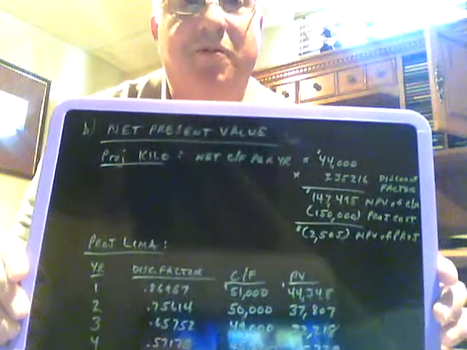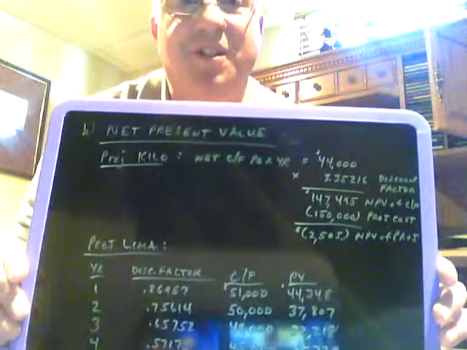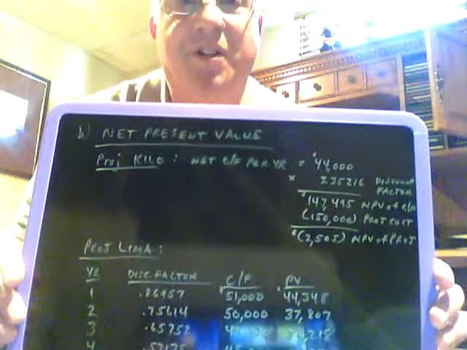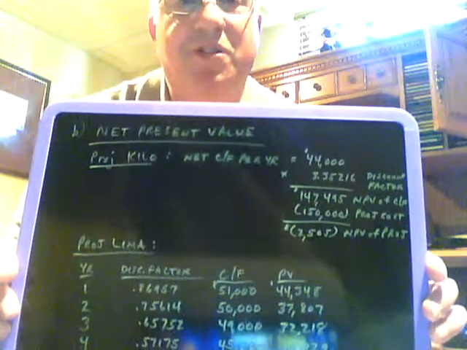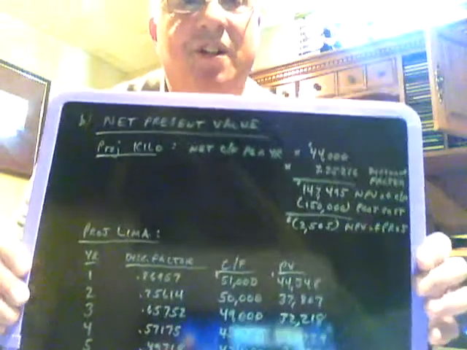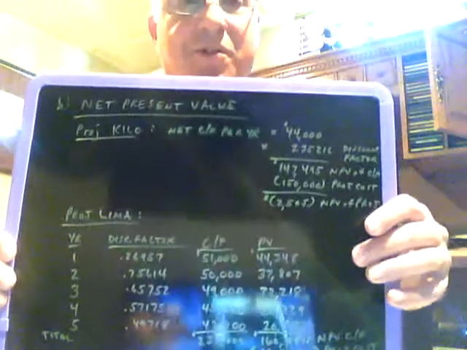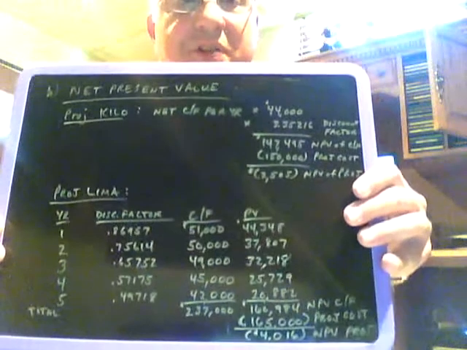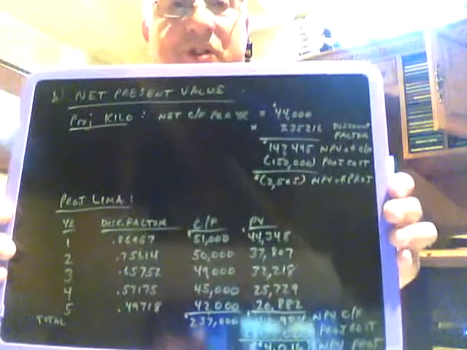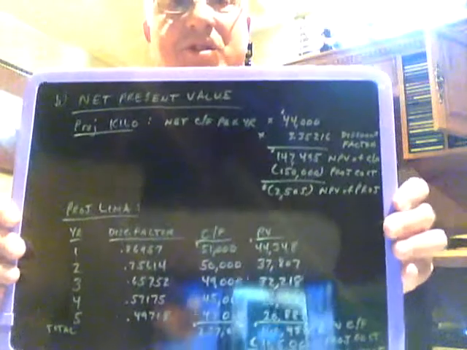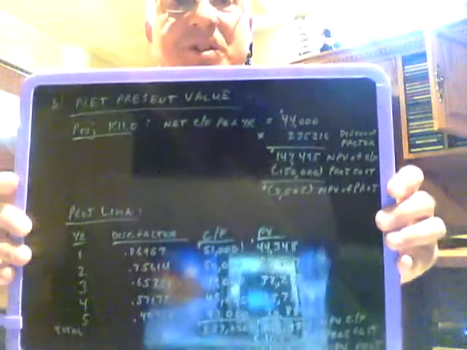The only proviso to that, or caution, is that I won't necessarily give you just the factor that you need. You may need to choose between, say, a factor to use per year for these uneven cash flows and an overall present value of an annuity, which this one for Project Kilo is.